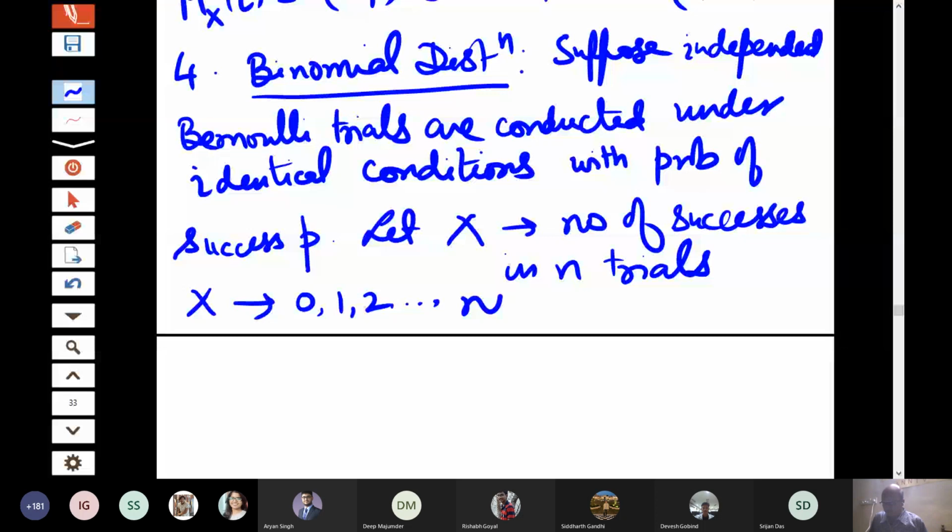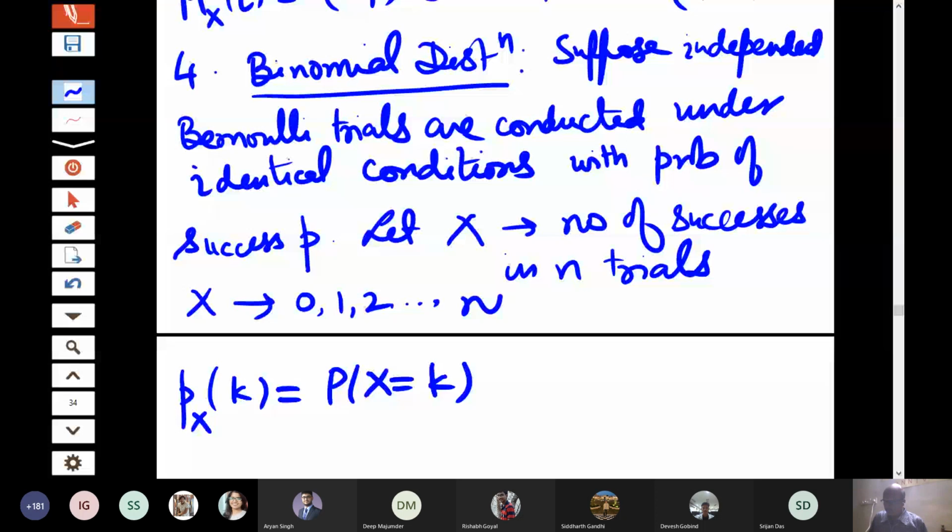What is the probability that X is equal to, say, k? I think all of you can answer this question. If independent Bernoulli trials are conducted, what is the probability that in n trials you will get k successes?